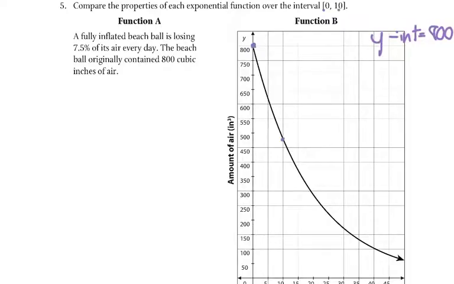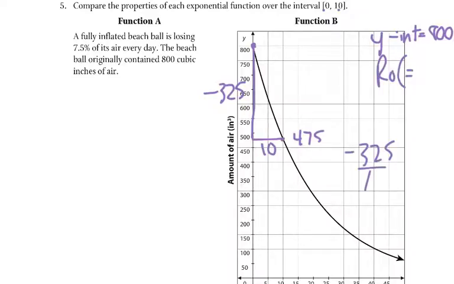That looks basically 475. So from 800 down to 475, so 800 minus 475, we went down negative 325, and to the right 10. So for the rate of change, it would be negative 325 over 10, which would be negative 32.5.